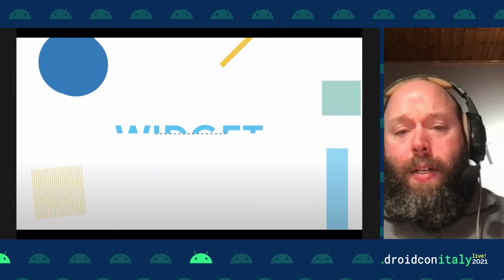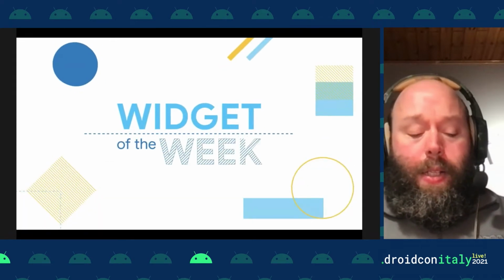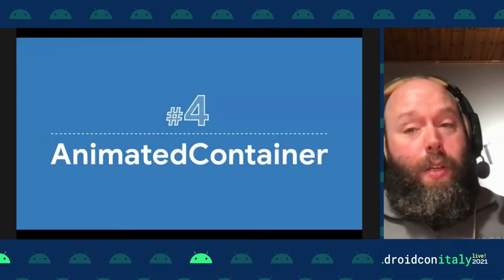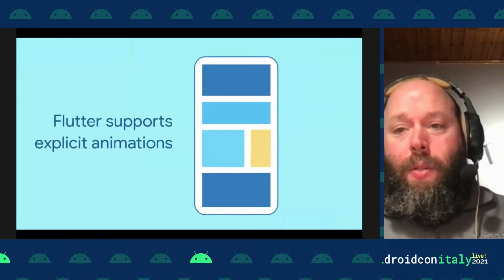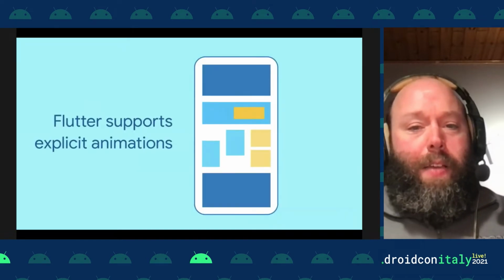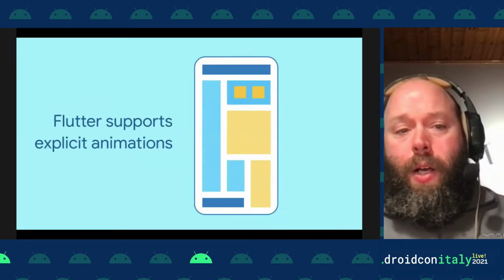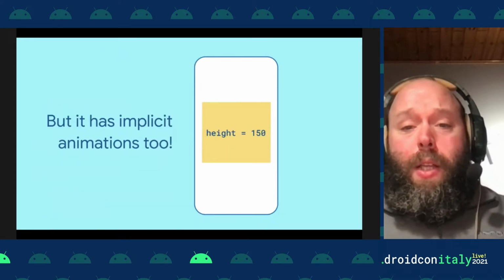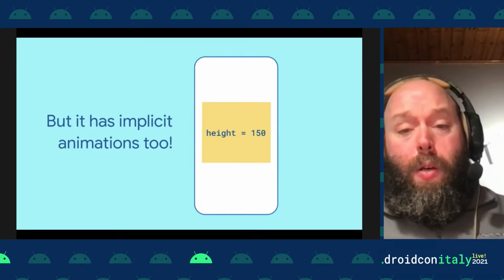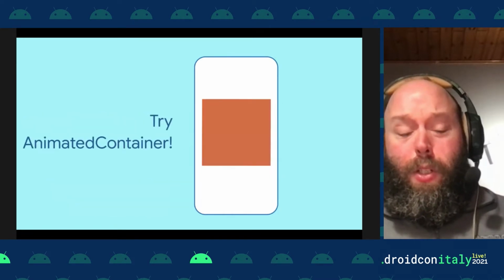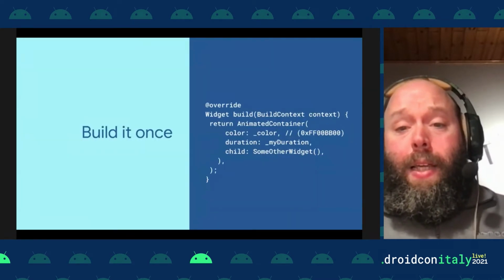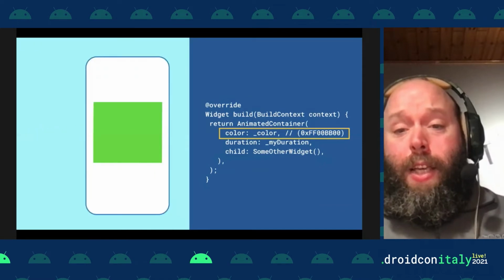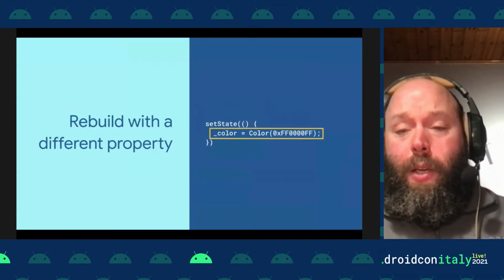The animated container is a widget, and I introduced you to the widget of the week. It's basically a YouTube video series by Flutter that shows you everything you can do with that widget. So we will use the animated container that you are now seeing in the widget of the week video. Basically, we just change the parameters of the widget.